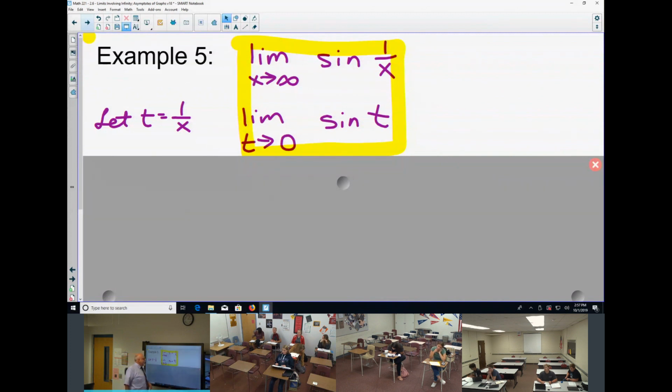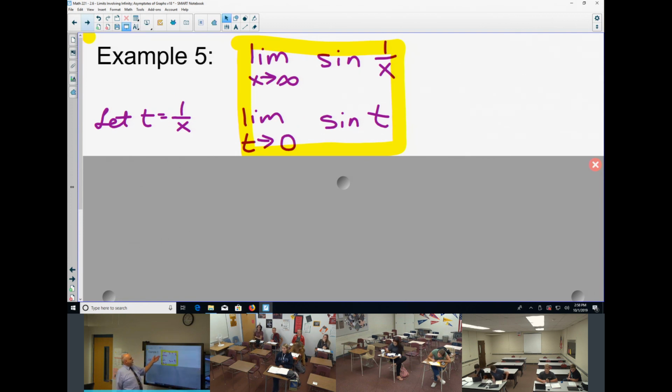So, now remember that this was the limit that you memorized. Okay, these two are equivalent statements. Okay, we actually haven't calculated the limit yet.